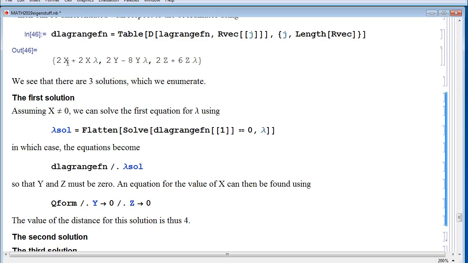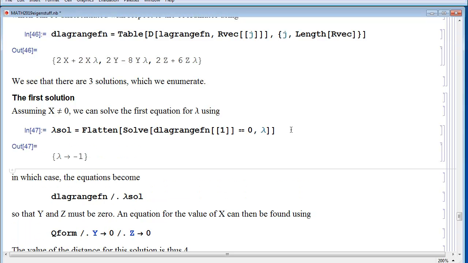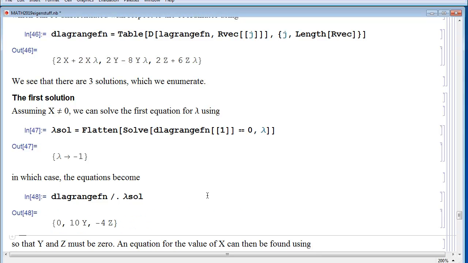So we could assume that x is not equal to 0. So we can solve, set the derivative of the Lagrange function equal to 0 and solve for lambda. And that gives lambda equals -1. And we put that into the derivative of the Lagrange function, and we can see that in that event y has to be 0 and z has to be 0.